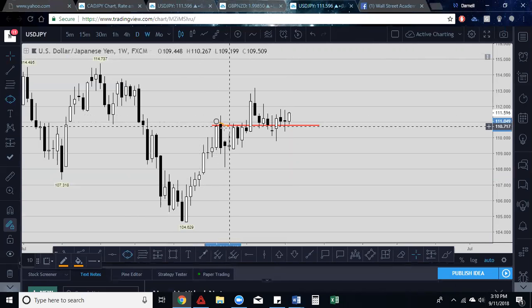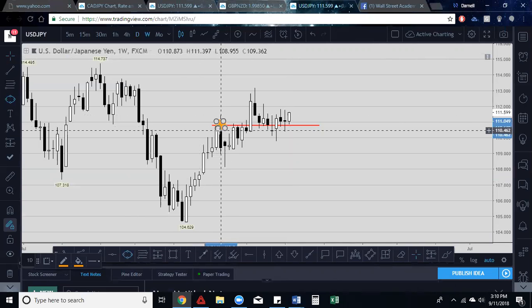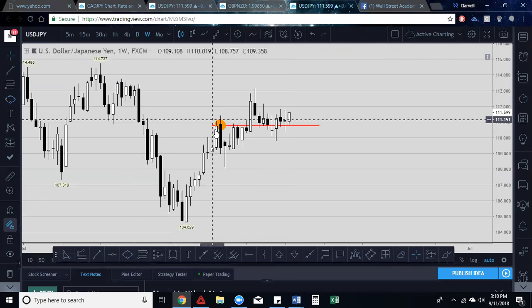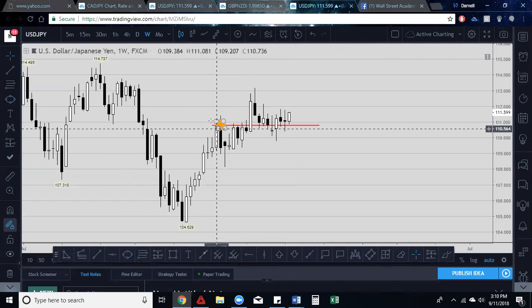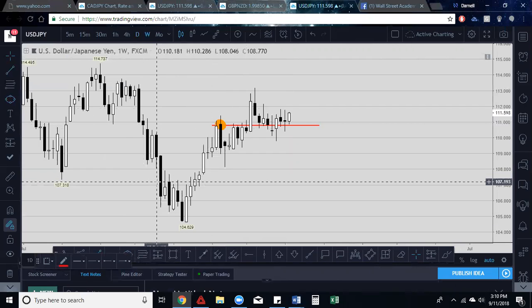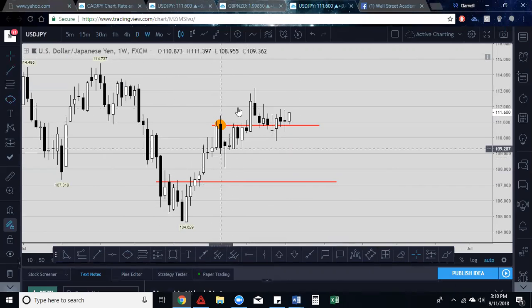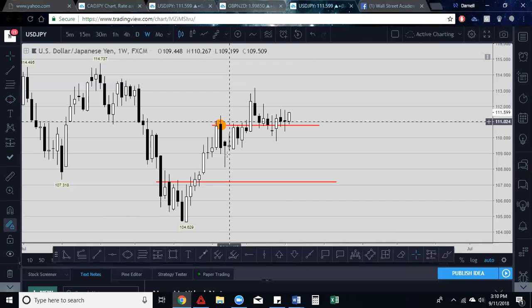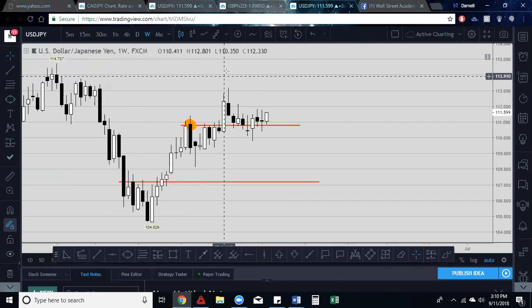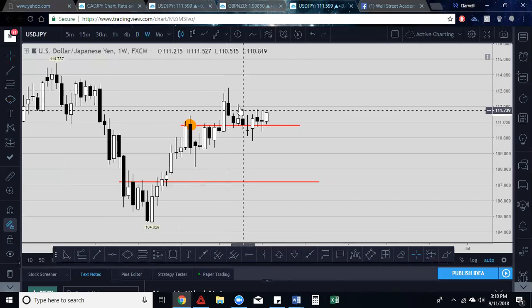You got a break of structure here. That was your previous. This was potentially a higher high. I don't know if you count this as a break of structure to the upside. Well, it was a higher high based on this overall projection of this break of structure to the upside, which gave me some type of bullish bias to UJ.